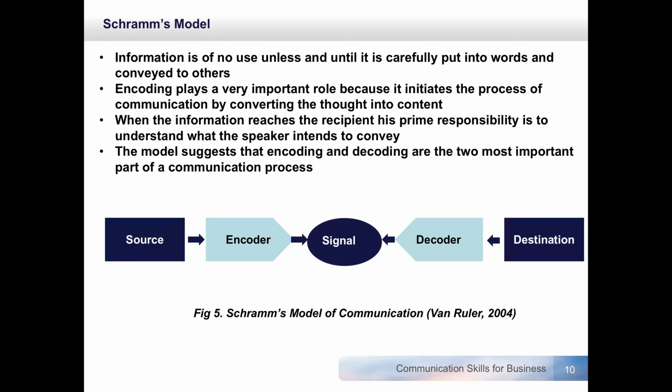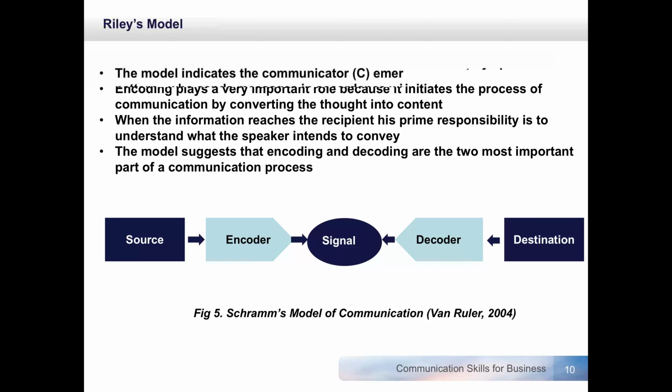The siren going off in the background signals that there is an aerial bombardment happening, so you need to take cover. In those kinds of cases, we will normally use or interpret the Scaram model of communication.